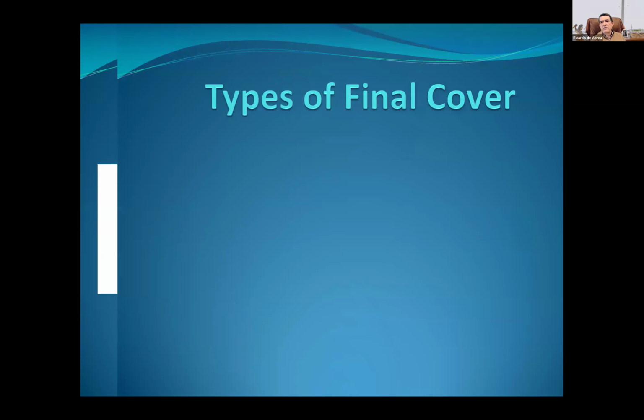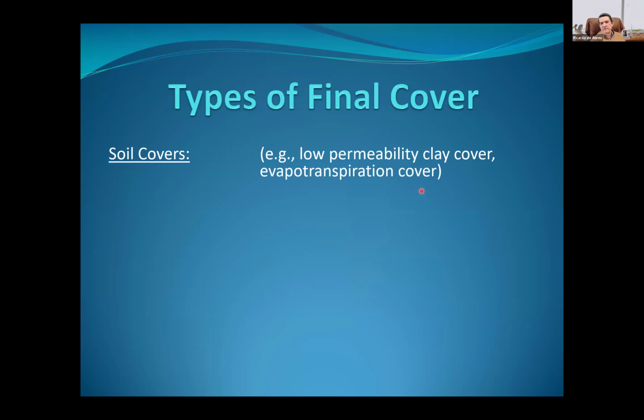Now there are different types of final covers. The most common soil cover you see in a lot of different countries is just a low permeability clay cover, and that's it. You don't do anything else. You can also have an evapotranspiration cover. This is more used in locations that are dry.